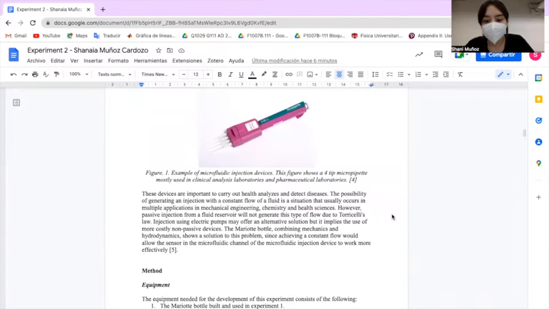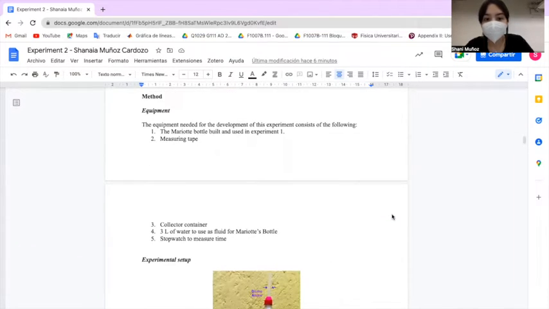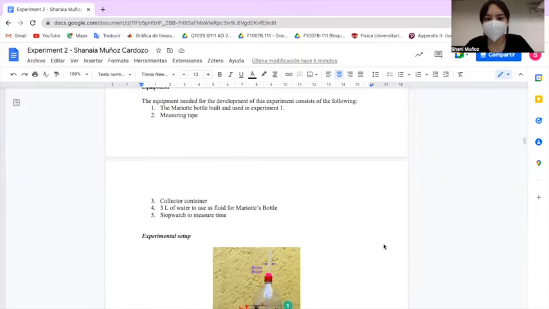We also mentioned the relationship between Marriott's bottle and this microfluidic injection device. The equipment needed for the development of this experiment consisted of the same equipment needed to make our experiment number 1.